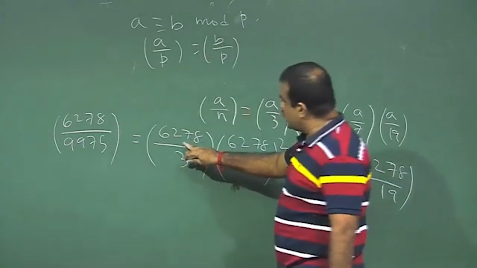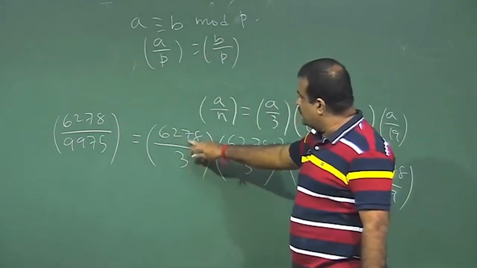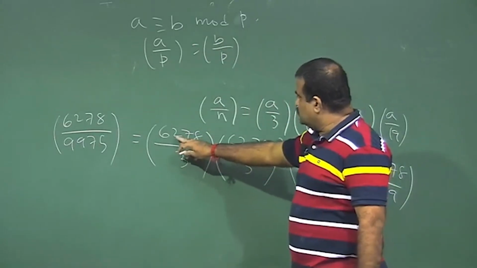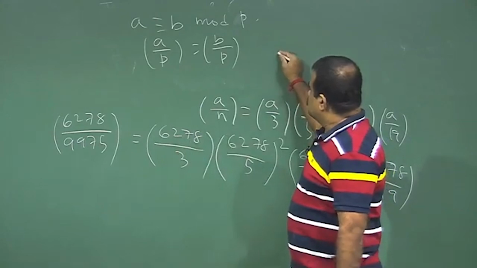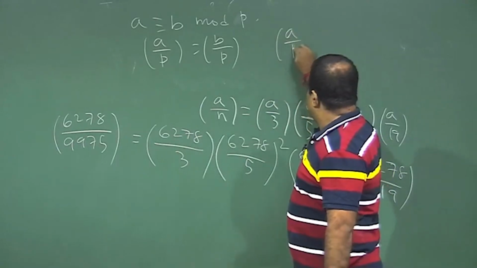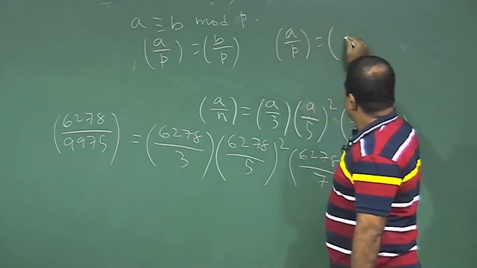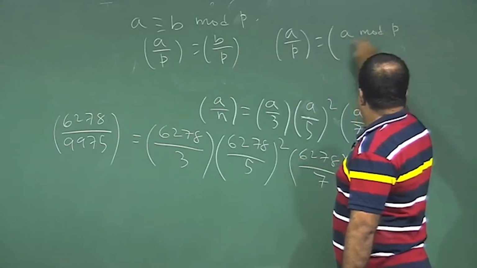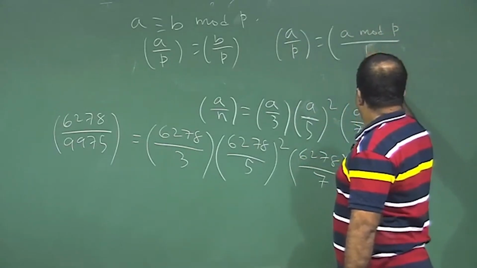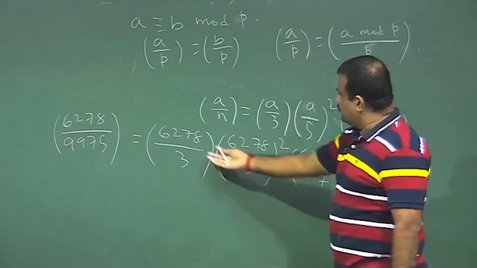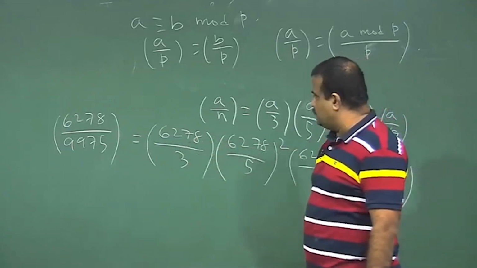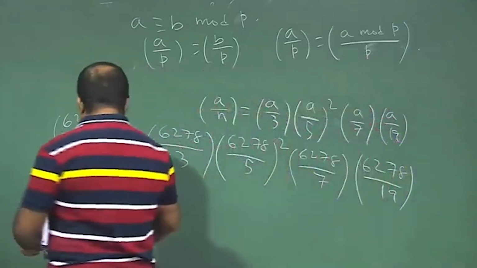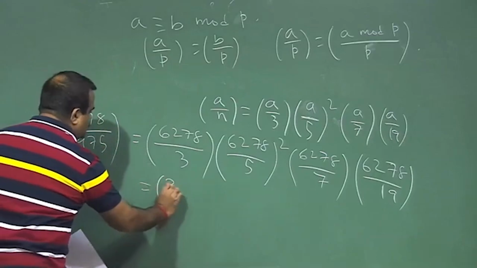So basically we will divide this by 3. A by p is equal to a mod p by p. We divide by 3 and the remainder will be 2, so this is basically 2 by 3.